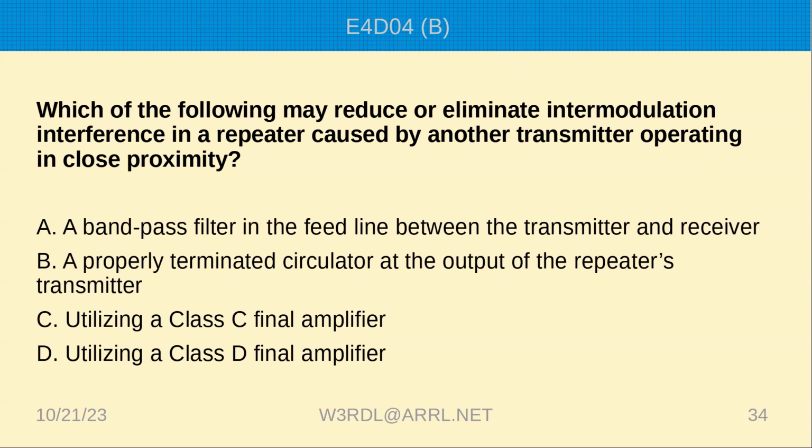It might be one of those things like a cavity filter where it's really magic. But anyway, which of the following may reduce or eliminate intermodulation interference in a repeater caused by another transmitter operating in close proximity? Properly terminated circulator. Bravo.